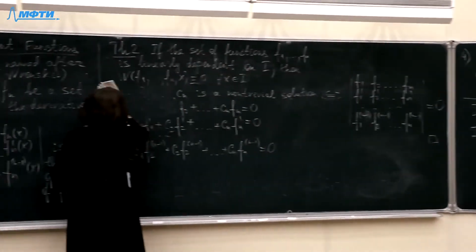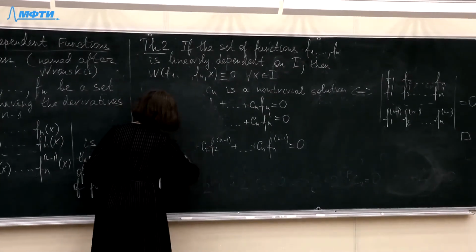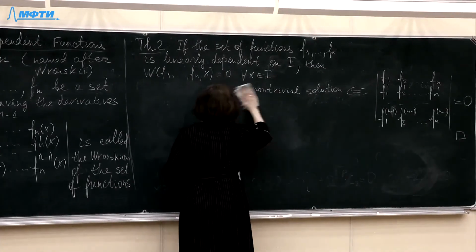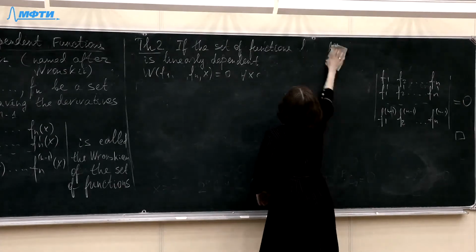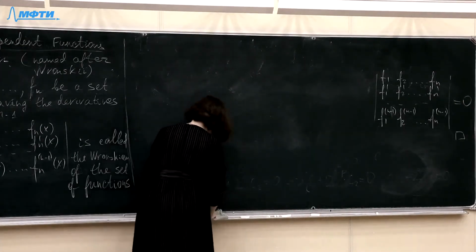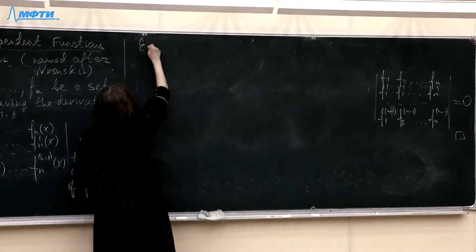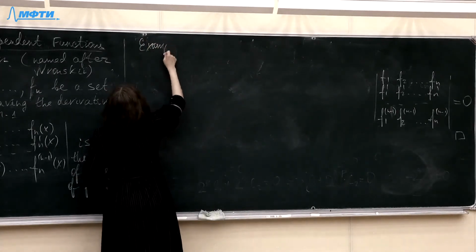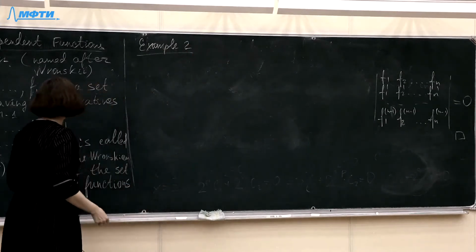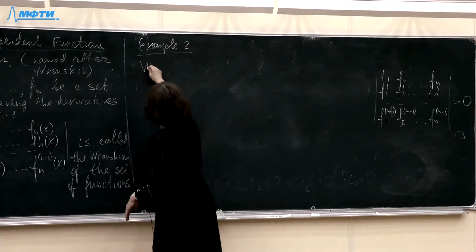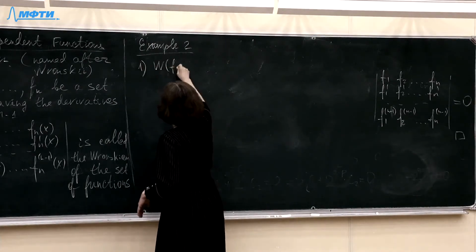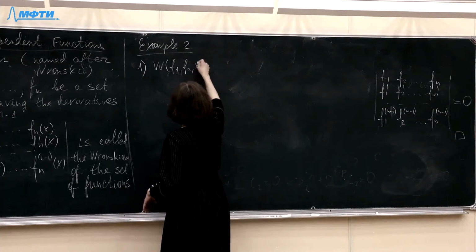Okay, let's try to apply this statement to some set of functions. Example 2. We will start with computing the Wronskian for two functions, f1 and f2.